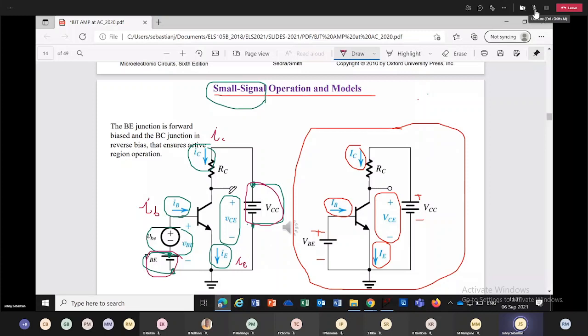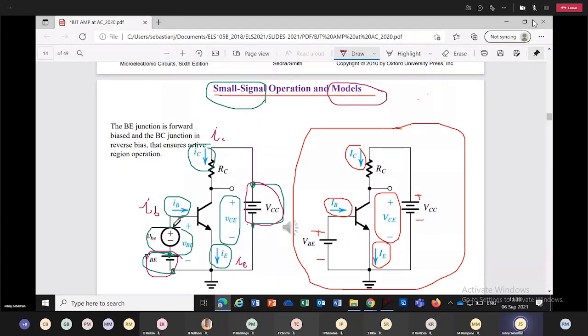This is called small signal operation and models. We are going to short circuit all the batteries. Of course, when you short circuit a battery, the voltage across the battery is zero and it cannot produce a current. But we are going to assume all the batteries are short circuited and your VBE is still present.